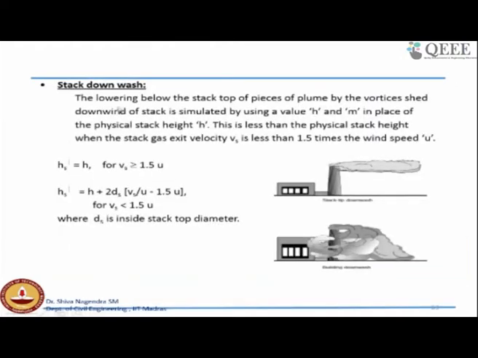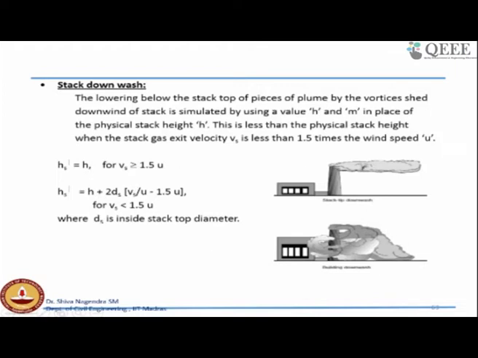You also notice something called stack downwash. When the plume is released, depending on the wind velocity, if the wind velocity is very high, it will try to shear the plume releasing from the stack height. In such cases you have to apply some correction factor for the plume height, which is estimated using stack downwash equations. Sometimes the whole plume will come down, which will definitely cause more emissions.